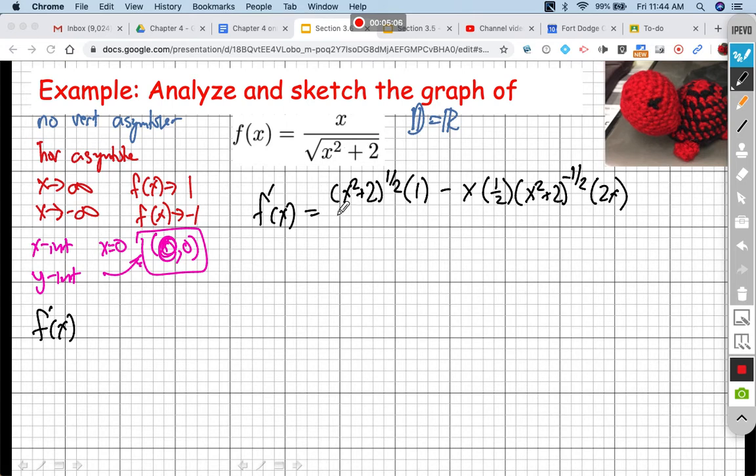Don't forget your chain rule. All over x squared plus 2. And to square the square root, I just get x squared plus 2. Oh, that's kind of nice.